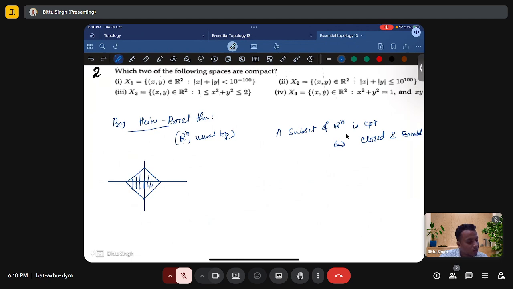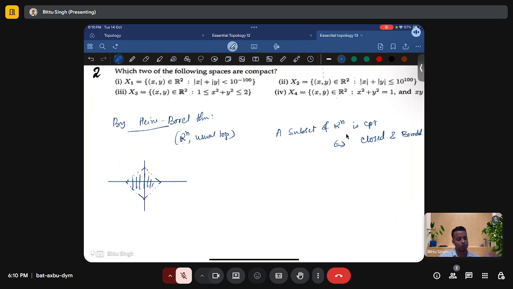But one can see that it is not closed. The boundary is not there actually, so we need to erase the boundary. Right? Boundaries are not present. So this is open and not closed.